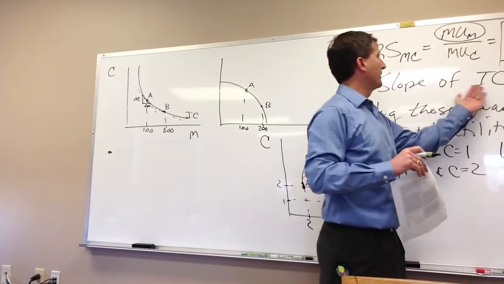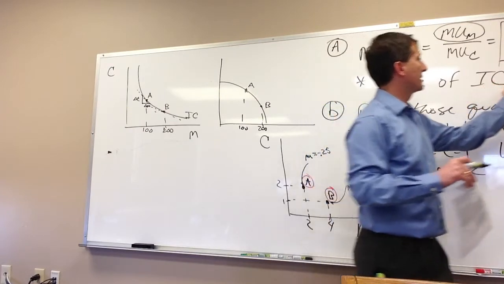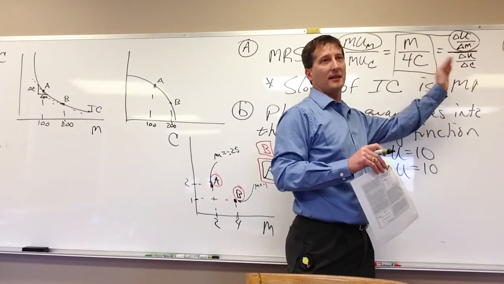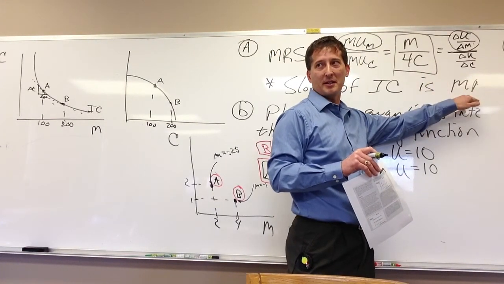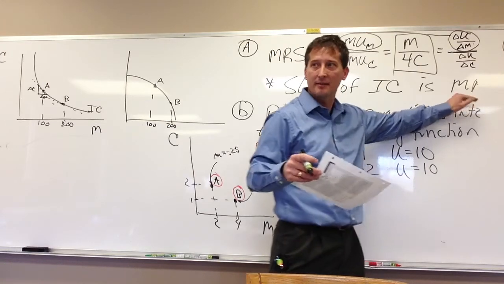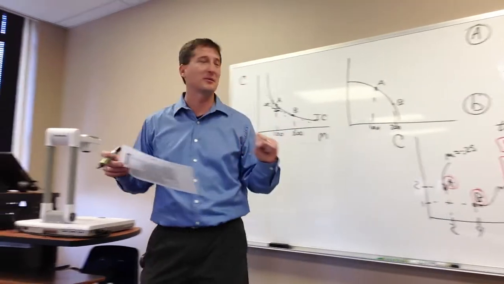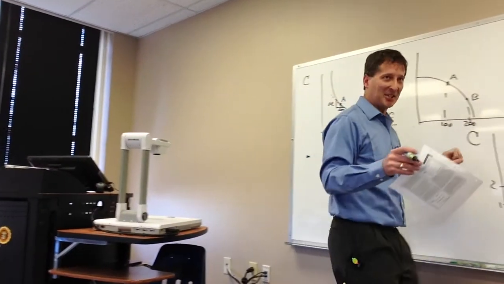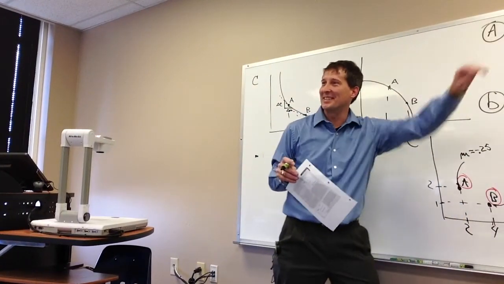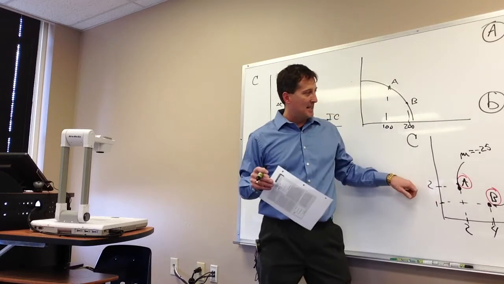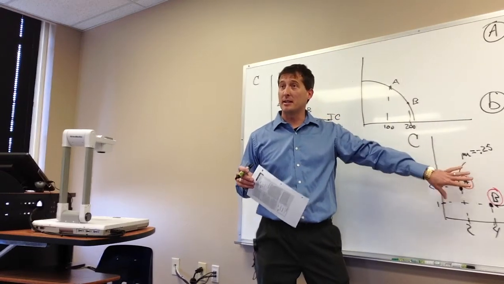The slope of the indifference curve is technically the opposite of the marginal rate of substitution, the negative of it. And maybe I should be more careful with technical math stuff here since we're operating at this new high performance level of econ. Okay, everybody see this so far? Yes.